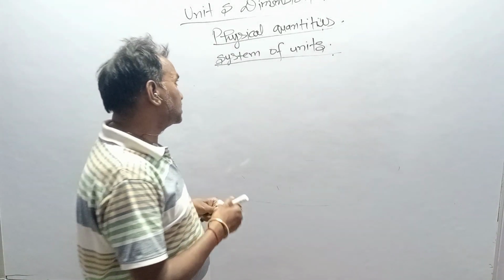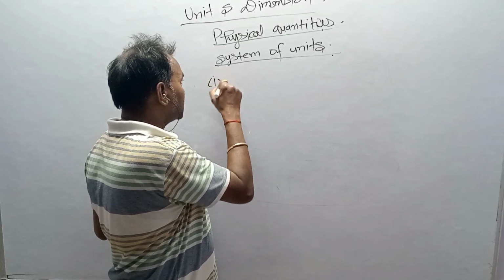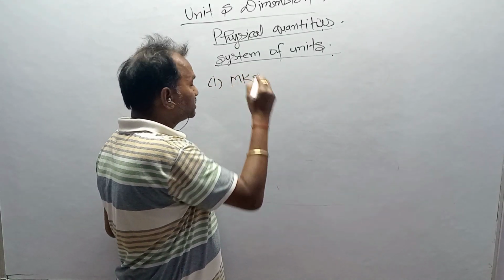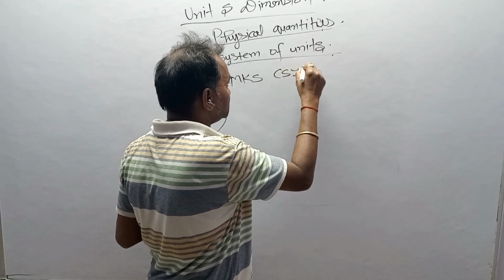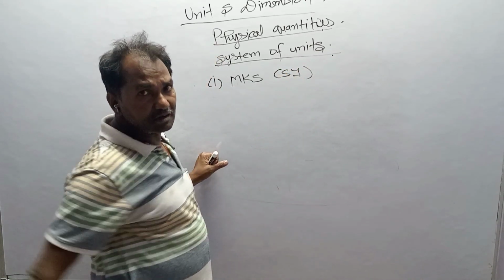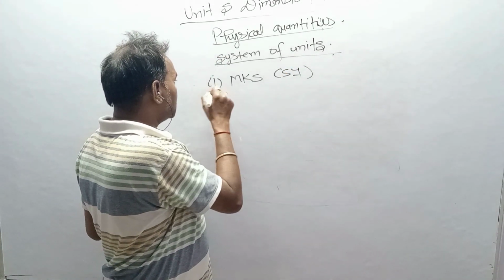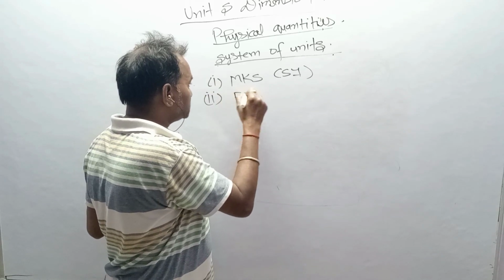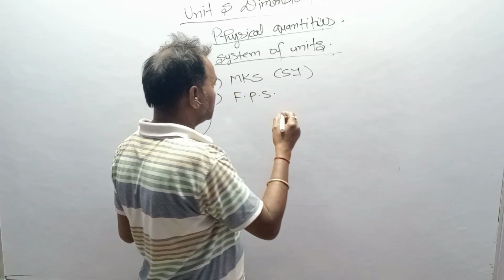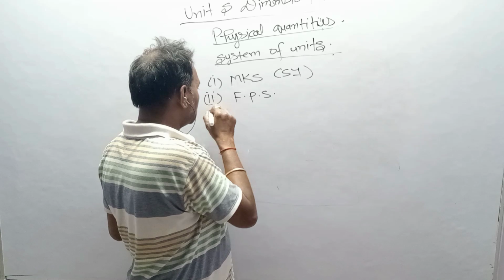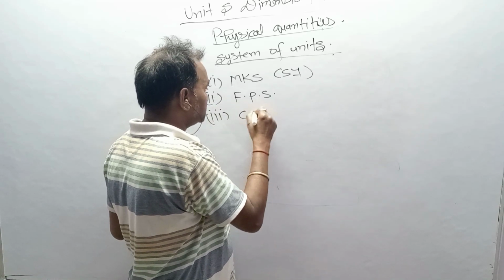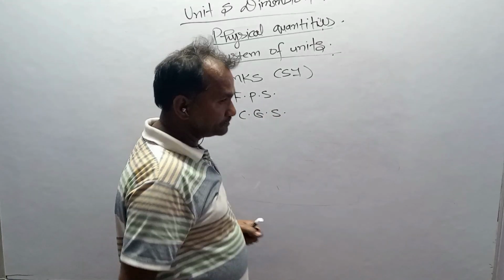The first one is MKS, that is meter kilogram second, or the SI system, Système International. The second one is FPS, foot pound second, and the third one is CGS, centimeter gram second.